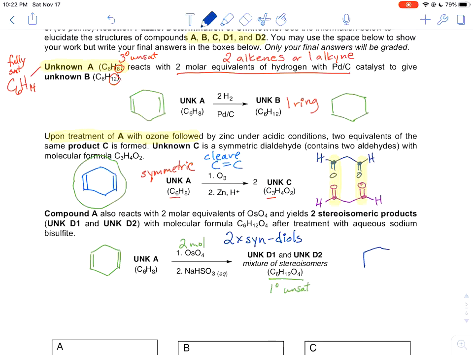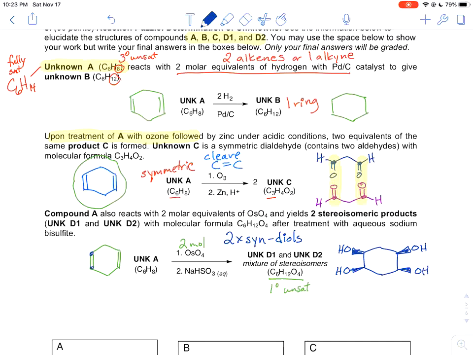So there's going to be many different possibilities here of the different ways that you could draw them. But the first thought would be, since it's a syn hydroxylation, to put all 4 of those alcohol groups on all 4 of those carbons all on the same side.